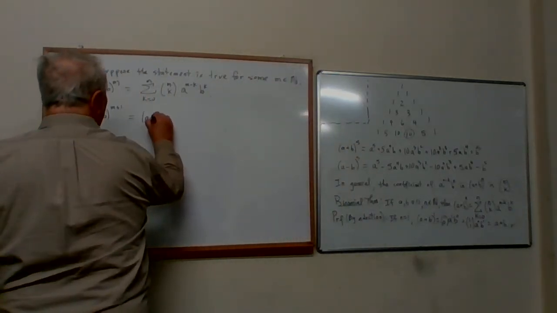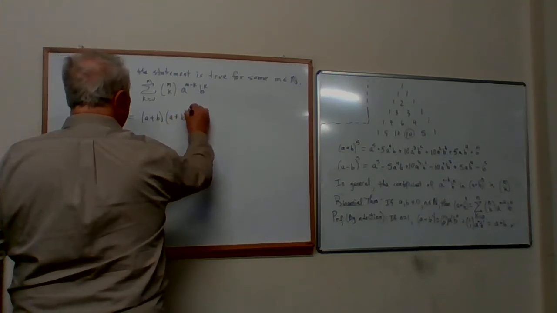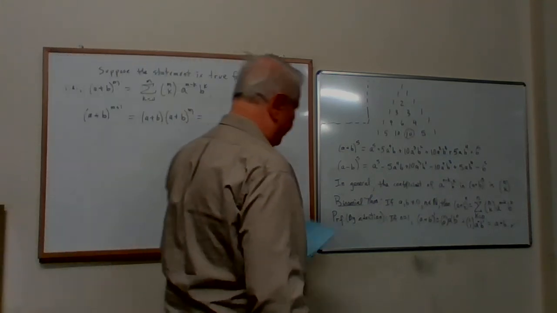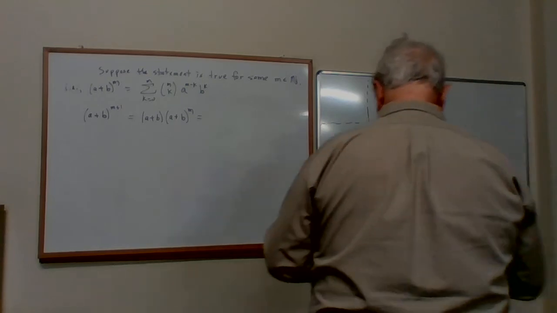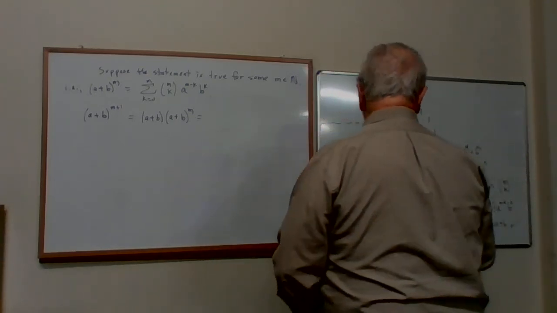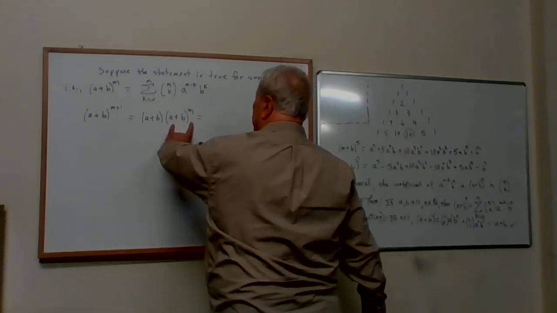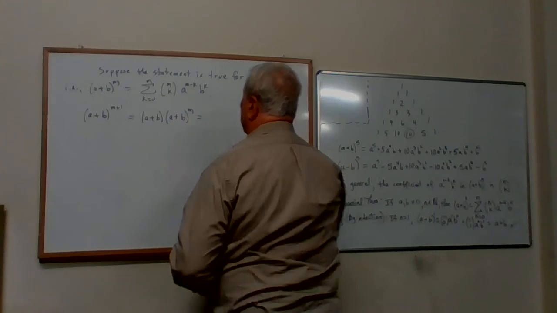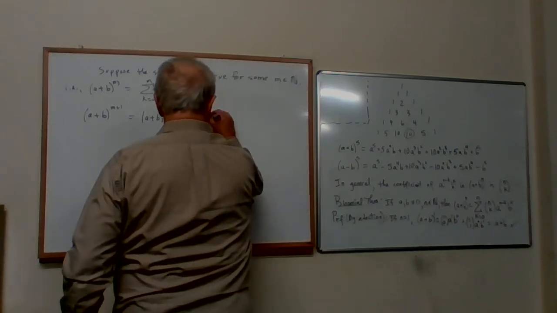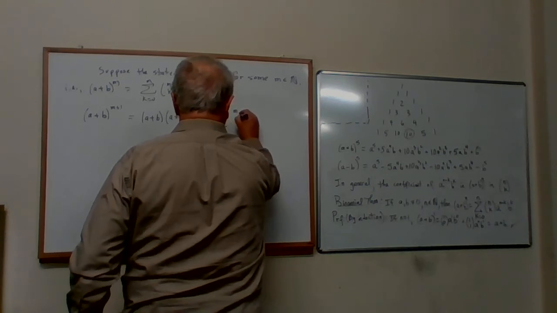So let's take this one, a plus b, and the rest of them, a plus b to the m. That's certainly true. And now we use the induction hypothesis. The induction hypothesis is that this statement holds for this particular part of the product. So copy, copy, copy, and then copy, copy.